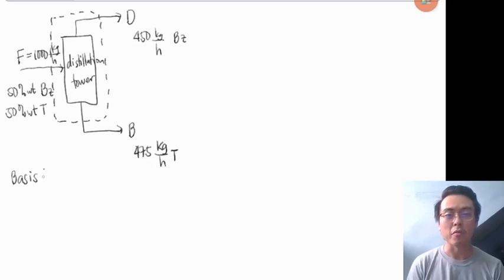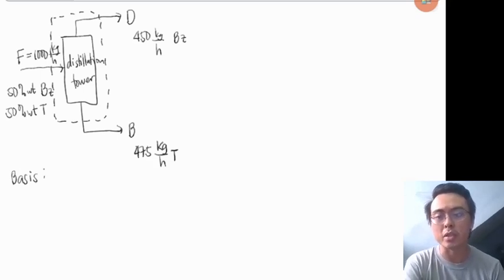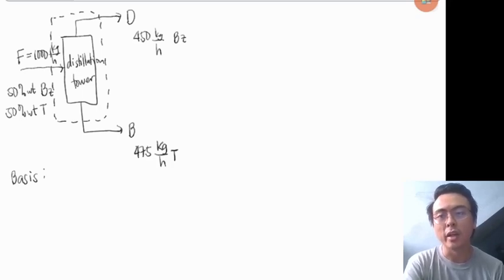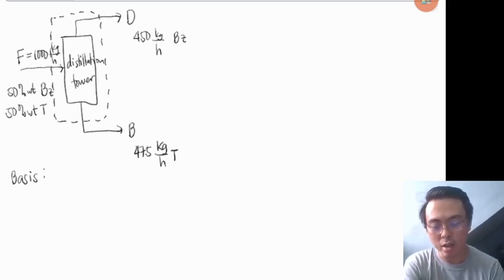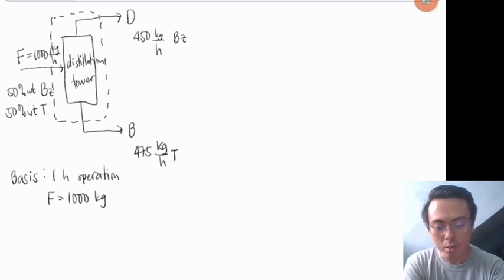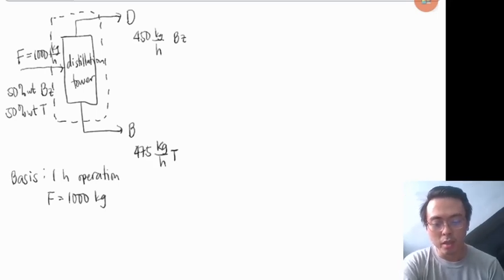What could be a very good basis here? This is a steady state process. You're given the value of F, which is a mass flow rate, and the denominator is hours. So a very good basis here is 1 hour of the operation. In that way, you already know that the value of F is 1,000 kilograms, and that would aid us in our material balance.